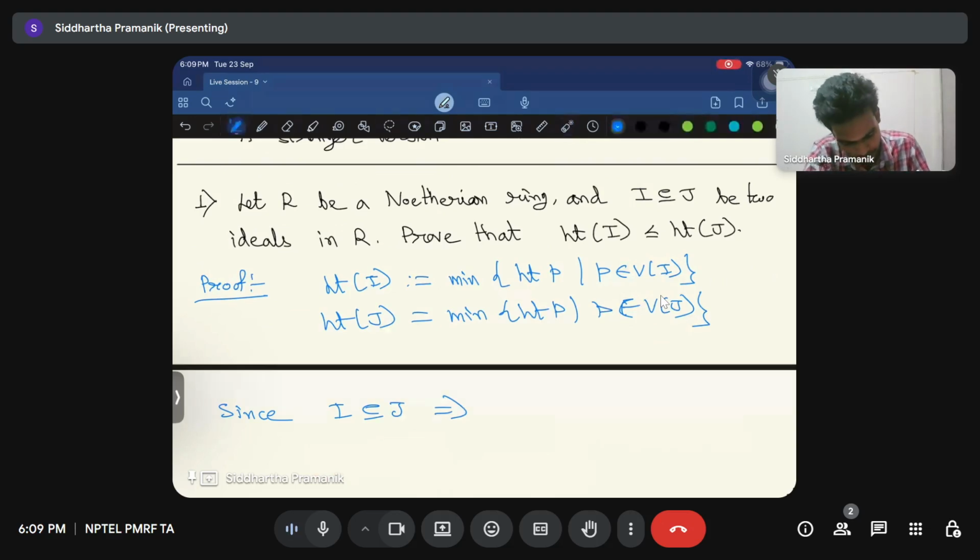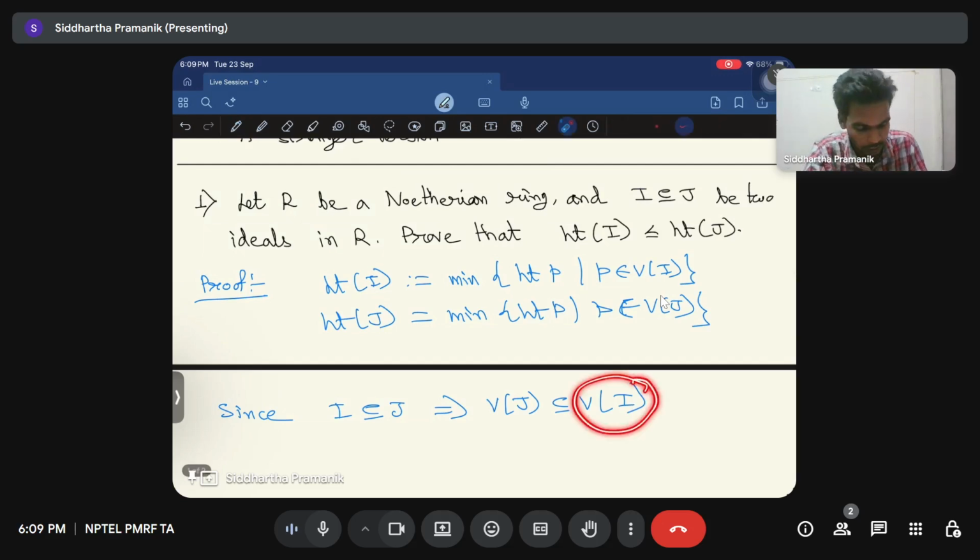So we have the reverse containment. This collection is bigger than this set. If we take a minimum over a bigger set, then we will get less, right?